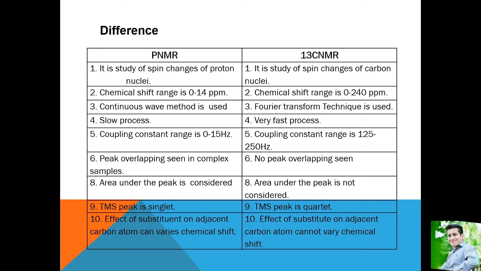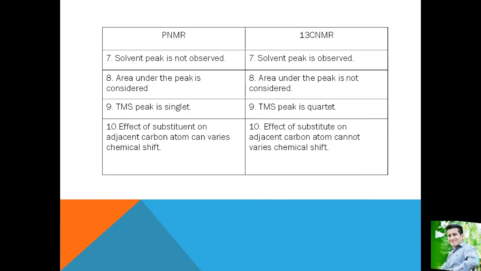The effect of substitution on an adjacent carbon atom can vary the chemical shift values. So we see that the different environment of the adjacent carbon or adjacent hydrogen will affect proton NMR spectroscopy, while the effect of substitution on an adjacent carbon atom may not vary the chemical shift in 13C NMR. The solvent peak is not observed in PMR, while the solvent peak is observed in 13C NMR.